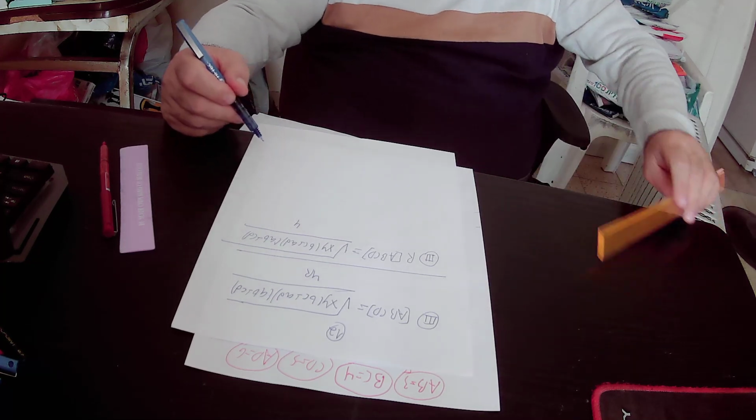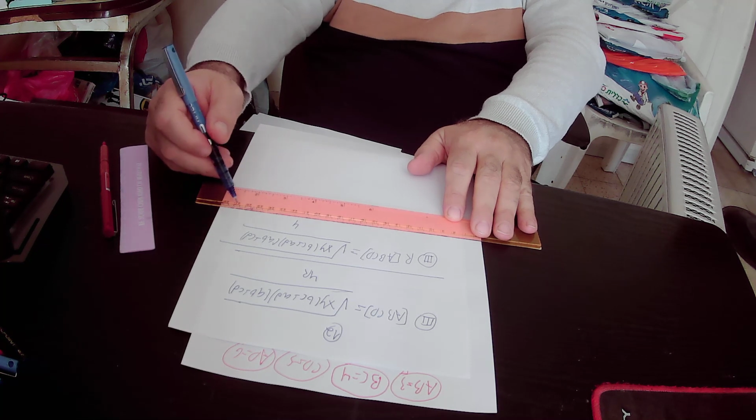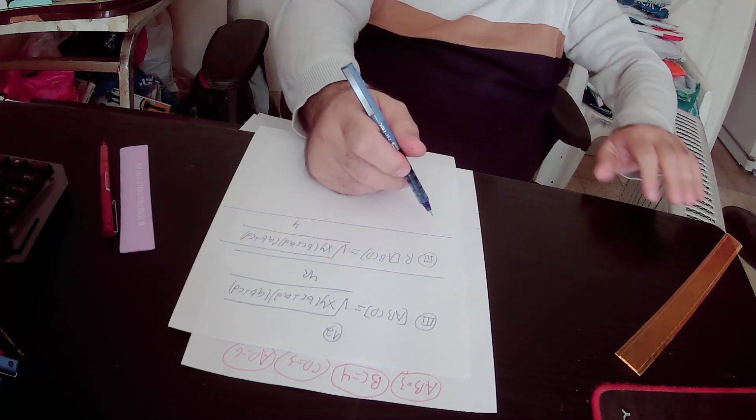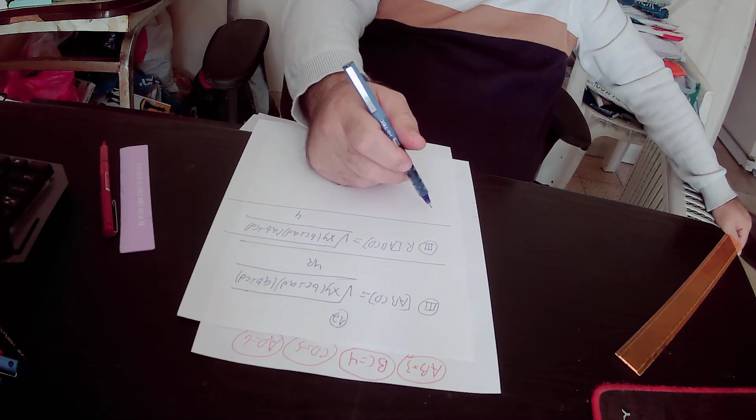Here we divide equation number 3 by the area of quadrilateral ABCD, and we get the radius of the circle that we are looking for.